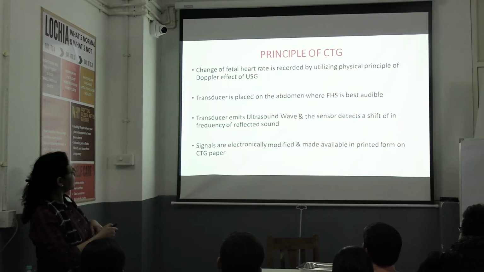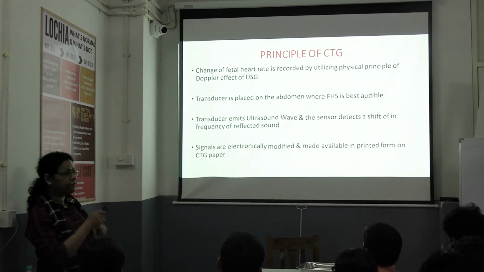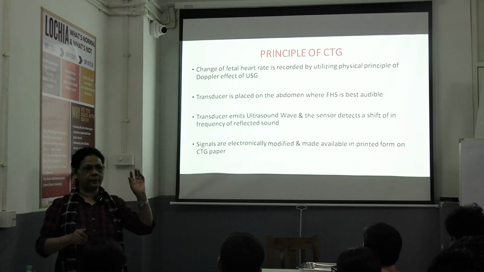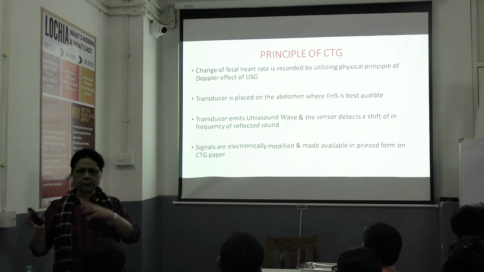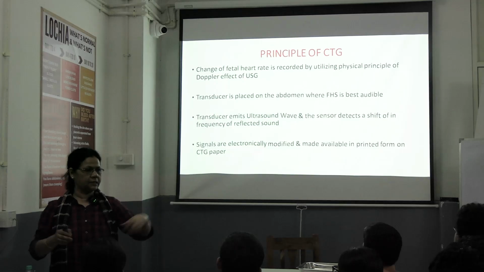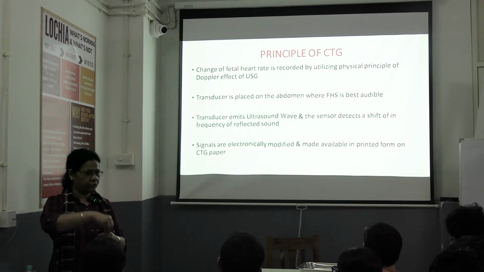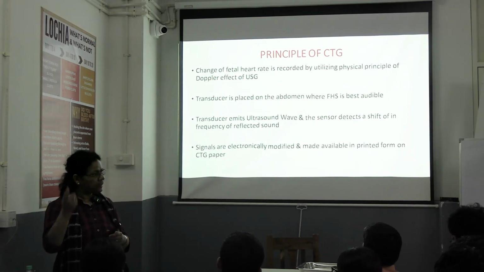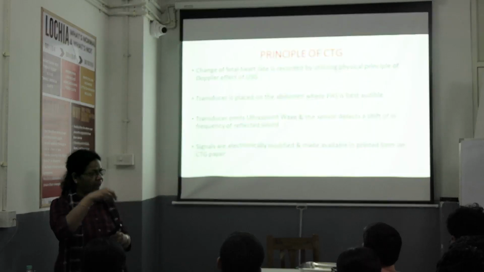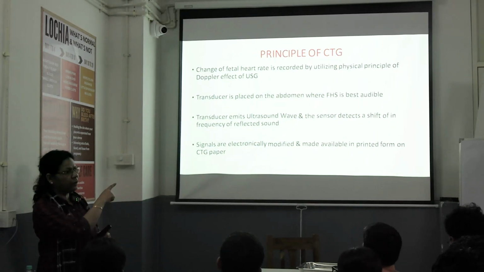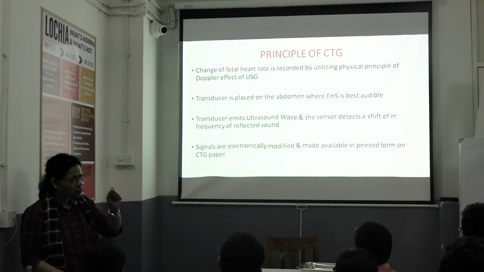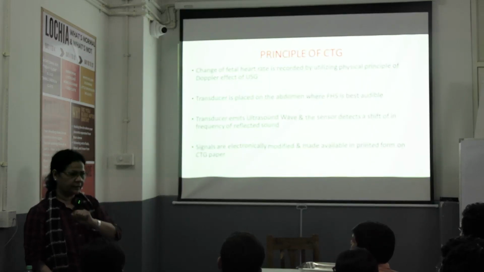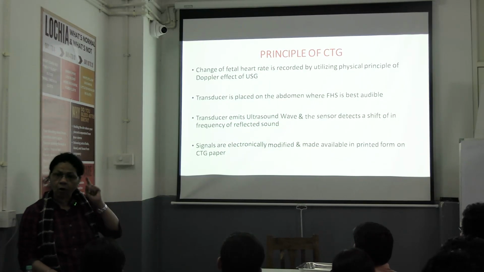So the transducer is placed on the abdomen where the fetal heart sound is best audible. If you go to the OPD or IPD and you hear the fetal heart sound with your stethoscope or Doppler, you will place the transducer on that point only where you can best hear it, because you want to pick up the fetal heart rate. So it has to be properly audible.